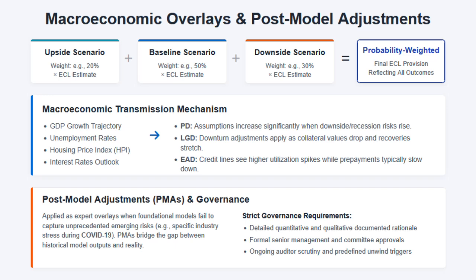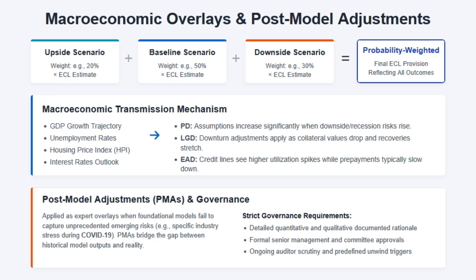So a bank should be modeling ECL under baseline, upside, and downside scenarios, and then weigh them by probability to arrive at a weighted ECL. Very important point. When recession looks likely, the bank's weighted ECL should increase because PD assumptions increase, and it becomes more conservative.